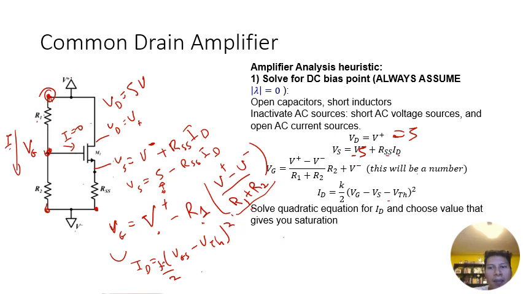We don't know ID. Typically, since we know what V plus and V minus are, in this case it's 5 minus negative 5, so this will be 10. And then they gave us R1 and R2. We will be able to calculate this in the next slide. And so we can get a number for Vg. And then once we have Vg, we can solve the quadratic equation to determine ID.